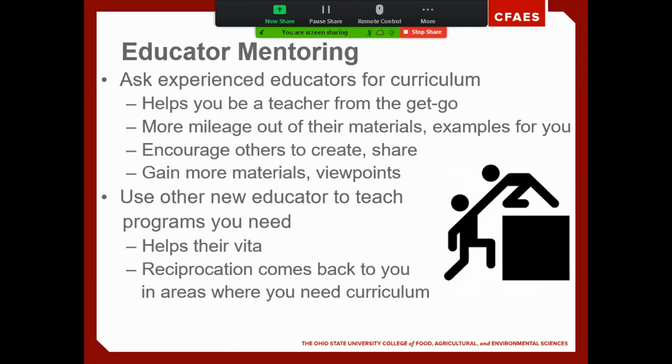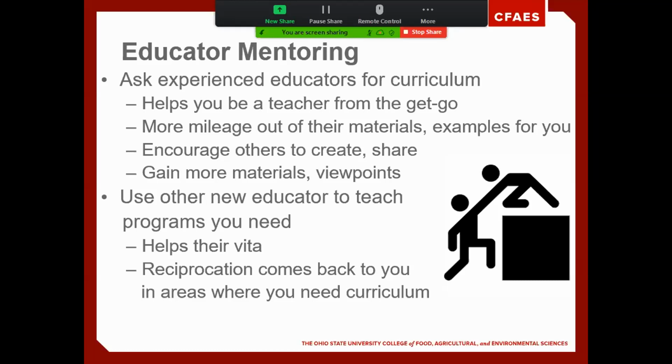Our next slide talks a little more about some of those experienced educators that may be out there. There are a lot of already developed programs. Maybe it's something you don't have a deep passion for, but your community is really asking for it.